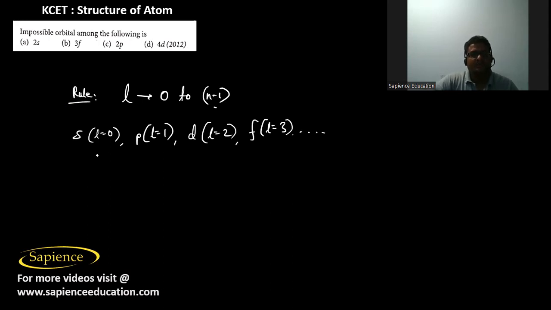So now it means that 2s is possible, 3f is not possible, 2p is possible, and 4d is possible. So 3f is not possible. So option B is the correct answer.